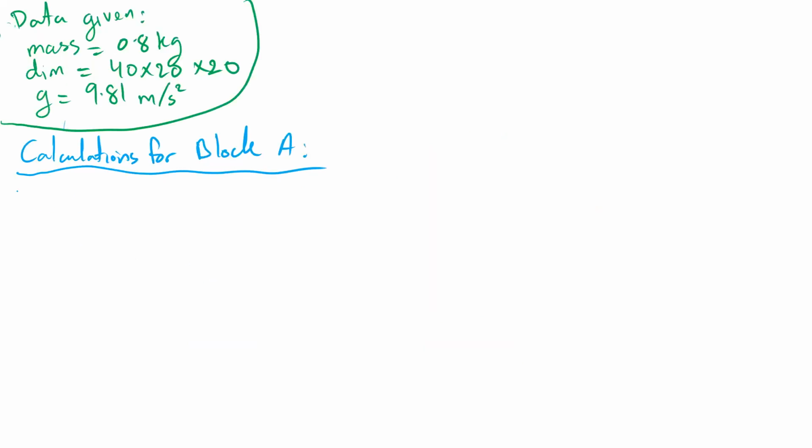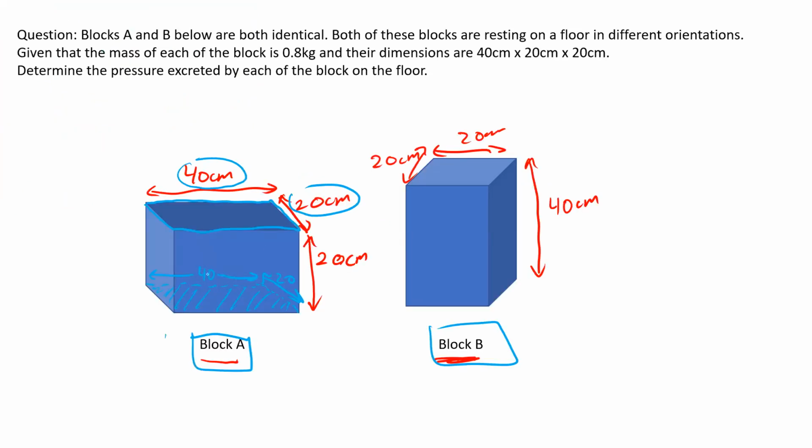So we can say that the area of contact on the floor by block A is equal to, as mentioned, the dimensions 40 and 20. These are in cm.